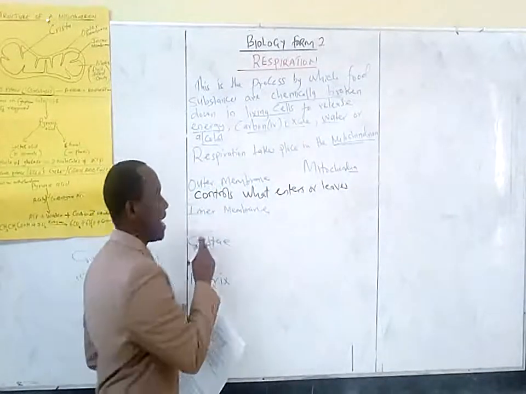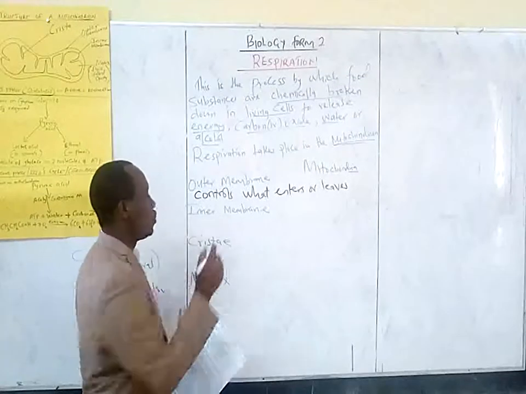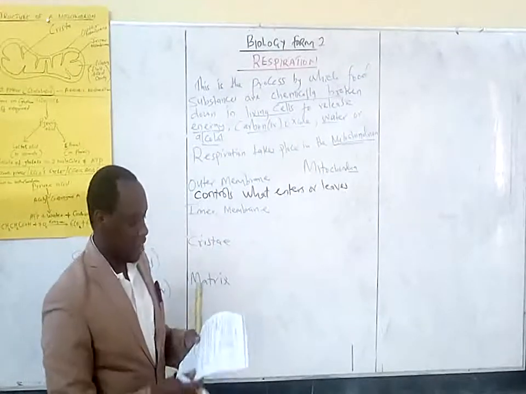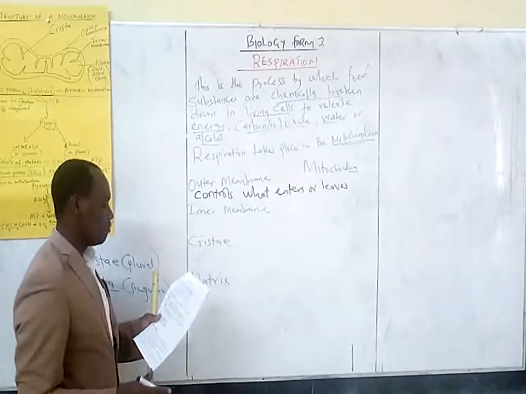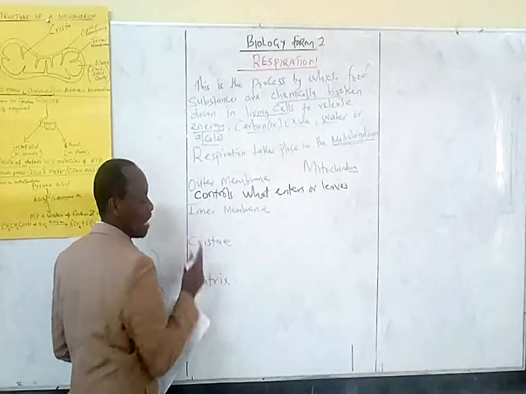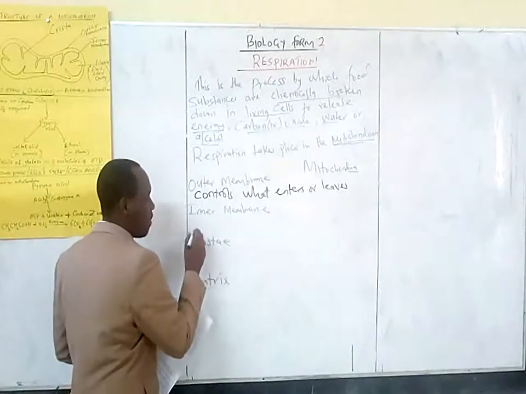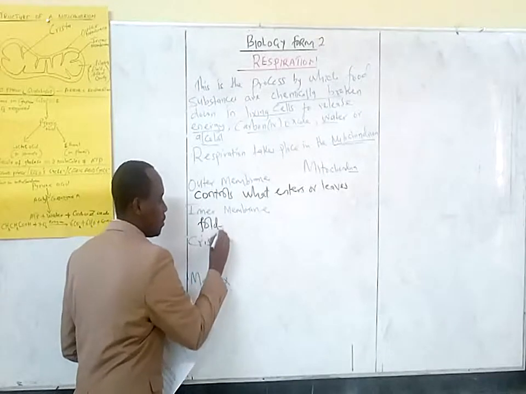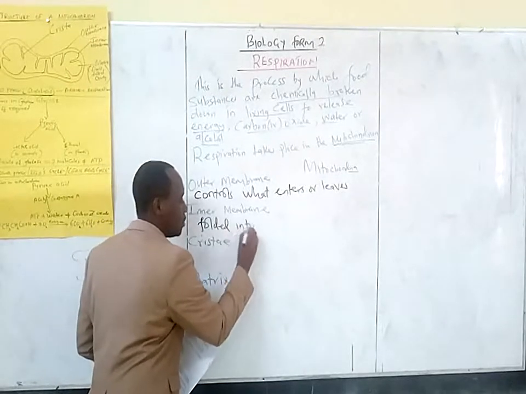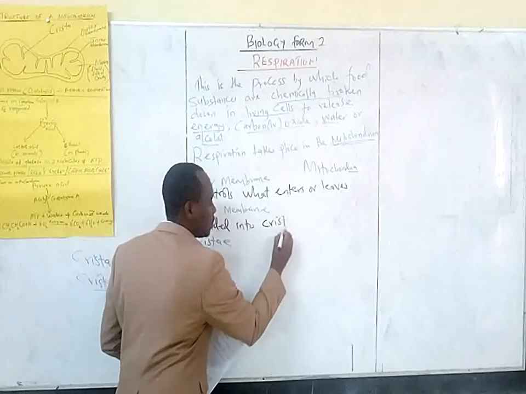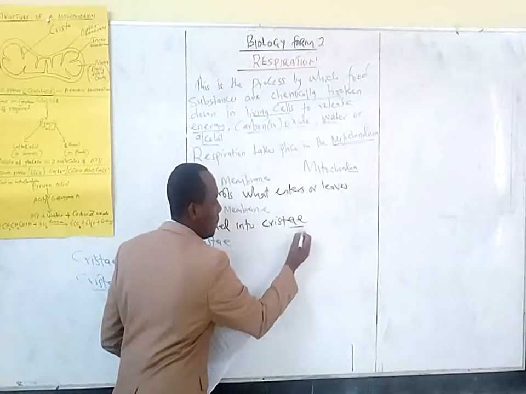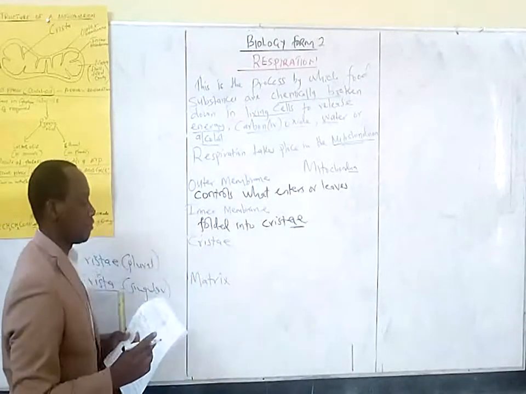So whatever will enter inside or outside will be controlled by the outer membrane. What about the inner membrane? The inner membrane is folded into cristae. Remember, many cristae.